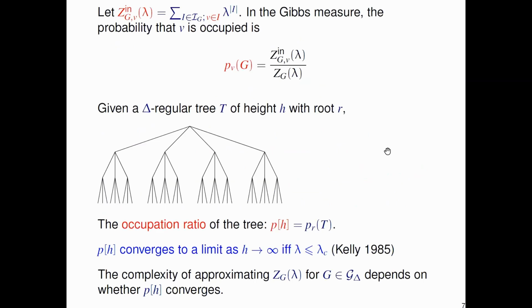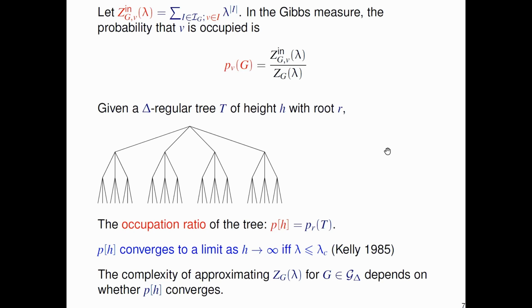In order to do that, we're interested in approximating on general graphs of degree delta, but we're going to take a little detour and look at trees, because all of the truth about the hardness for these values can be captured by what's going on with regular trees. First, I've added some decorations to this polynomial.